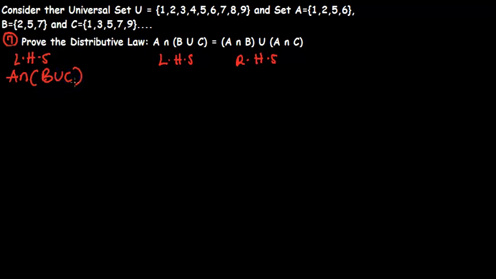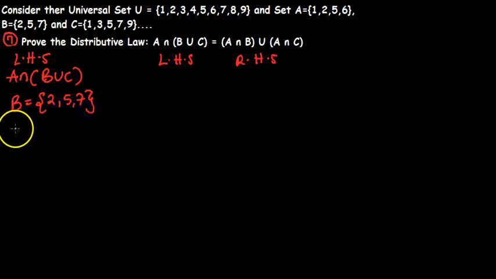And if you notice, the possible thing to start with is B union C, because we need to know the value of B union C before we can find the value of A intersection (B union C). In this case, B is what? The elements of B are 2, 5, and 7.